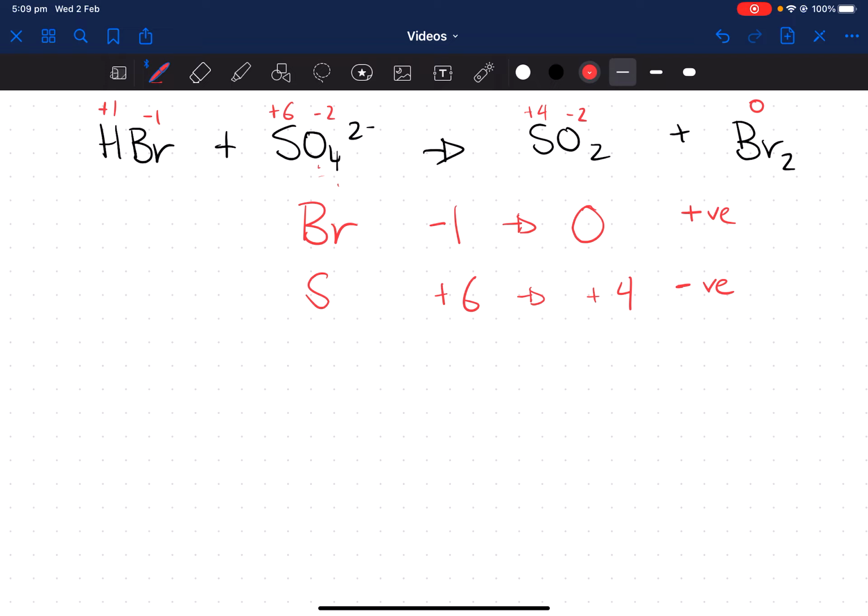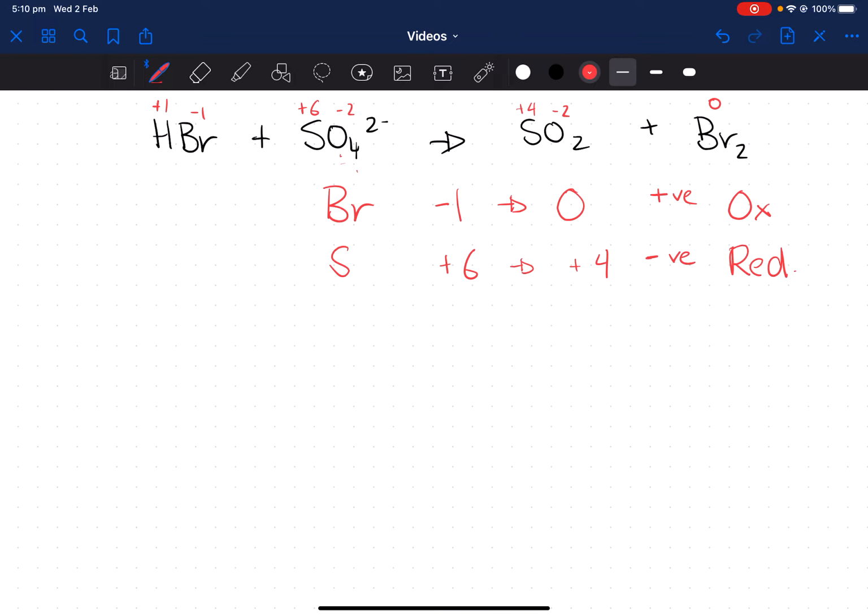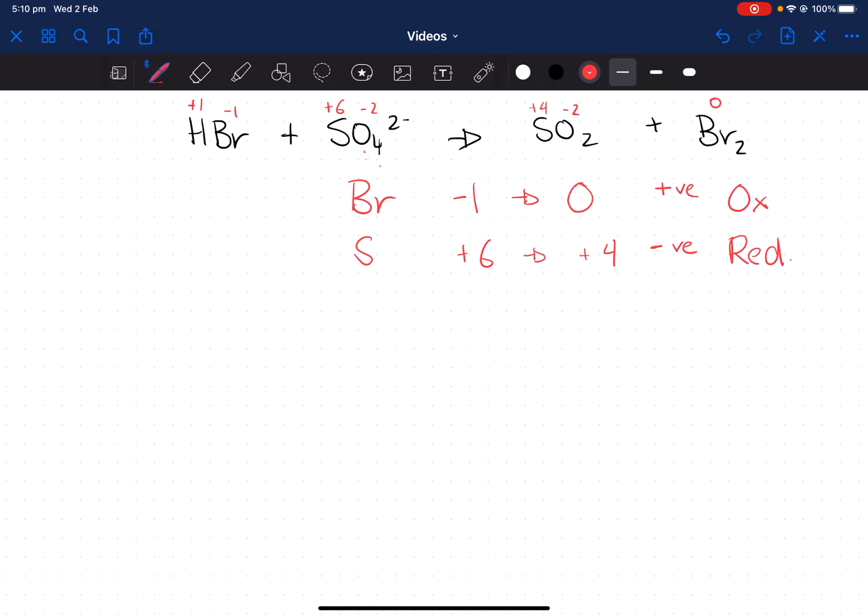So it's losing electrons, so it's oxidized. And if it's becoming more negative, that means it's gaining negative charges, which means it's being reduced. So that you should hopefully at this point already know. If not, there it is.